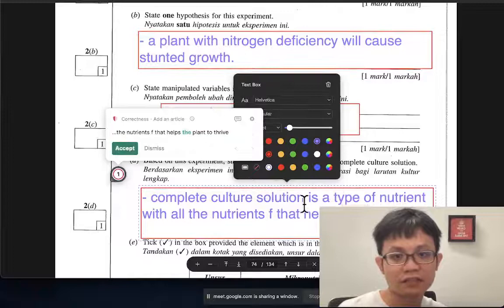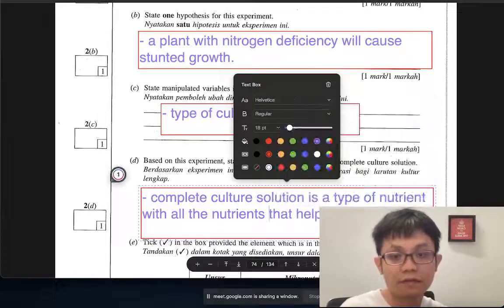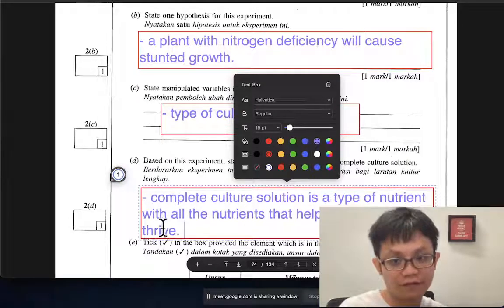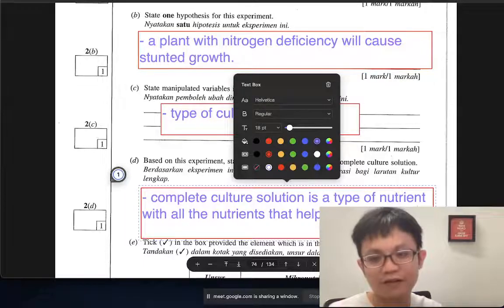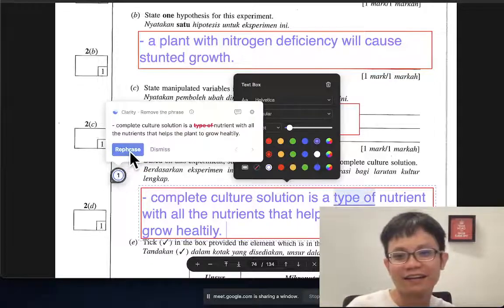Okay, complete culture solution is a type of nutrient with all the nutrients that help the plant to thrive, to grow healthily. Grammarly helped me to enhance the grammar.